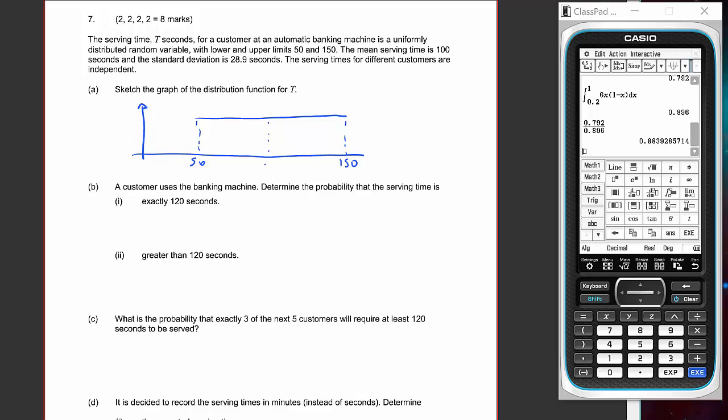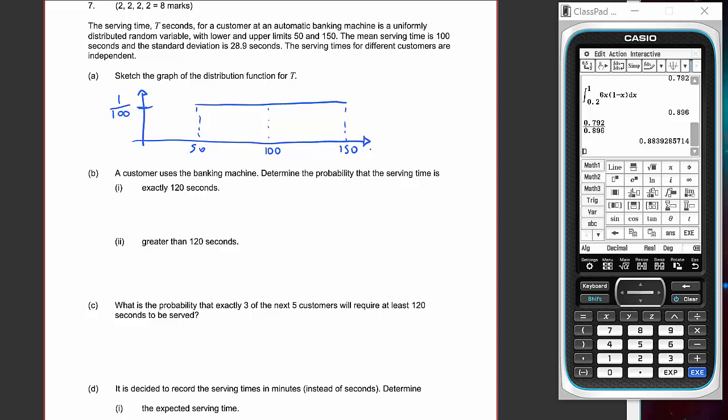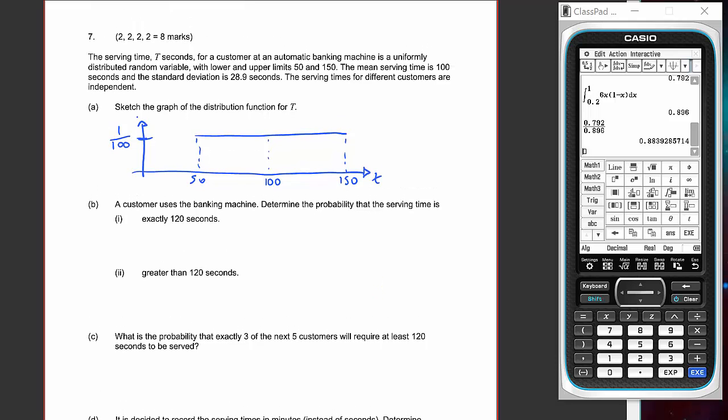The mean we know is at 100, and the width is 100, so that means the height here would be 1 over 100. So we probably should label axes. So this would be t for time, and this would be the function of time.